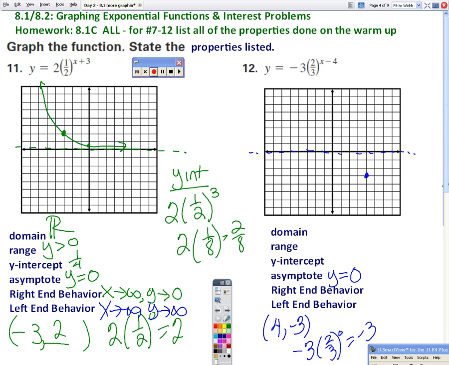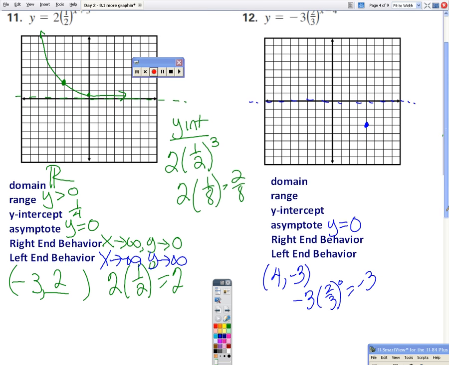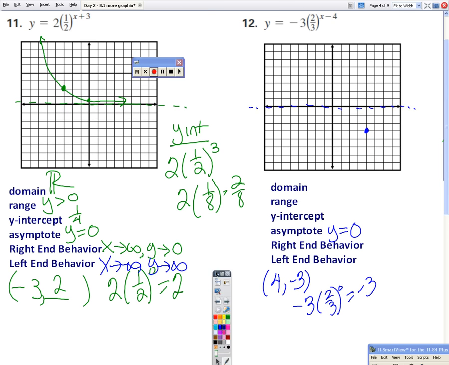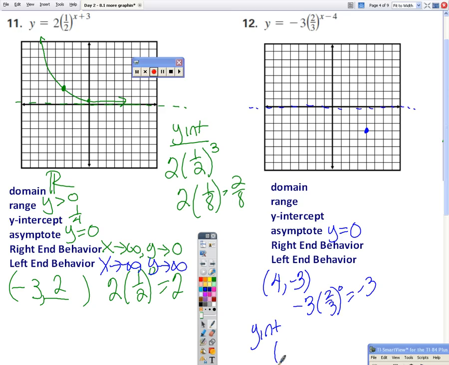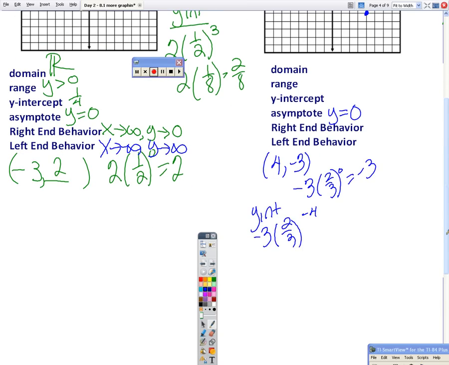Now, for the y-intercept, negative 3, 2/3 to the negative 4th. Because of that negative exponent, I can flip the fraction and make the exponent positive.